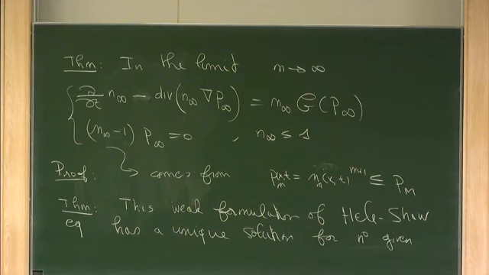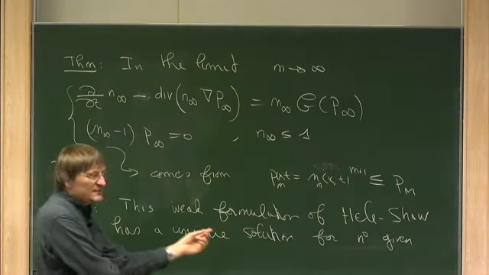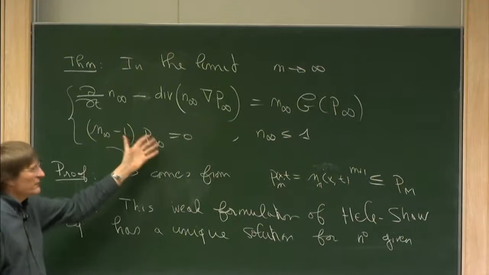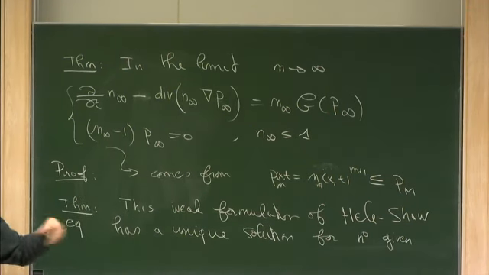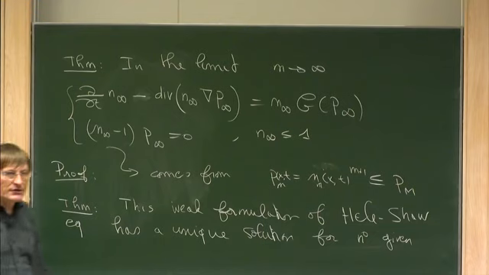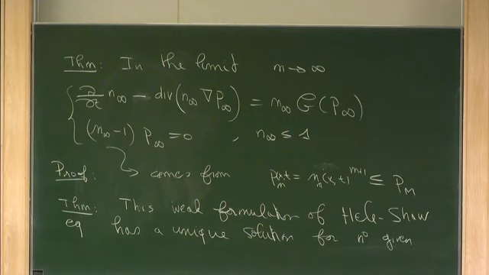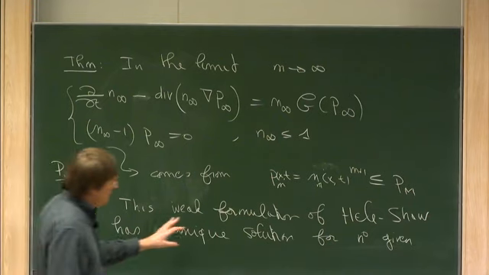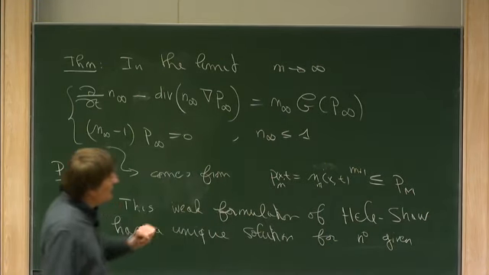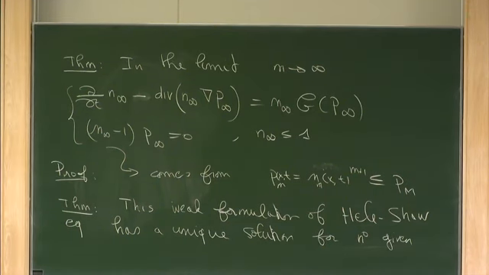That is a little bit surprising, because this is a weak piece of information, and nevertheless you can prove uniqueness. So this is a new problem, and we have to understand what it means.